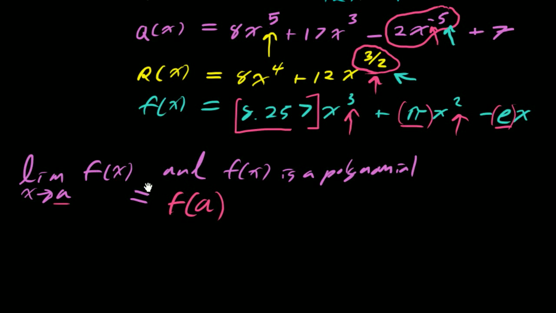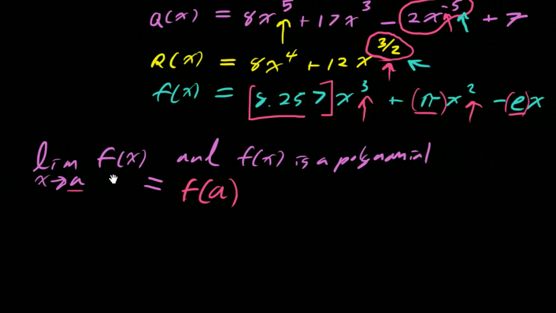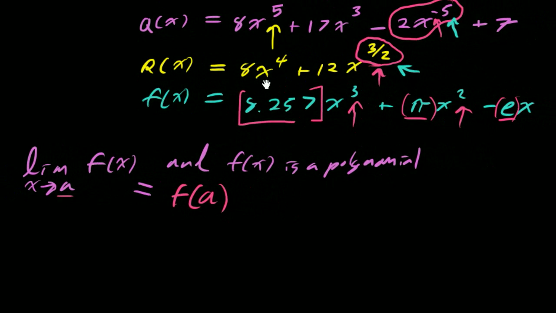And we know that because of the limit rules that we've set up, and also because when you take a polynomial, with coefficients on positive whole powers of x, there's no reason for these functions to not be continuous functions.